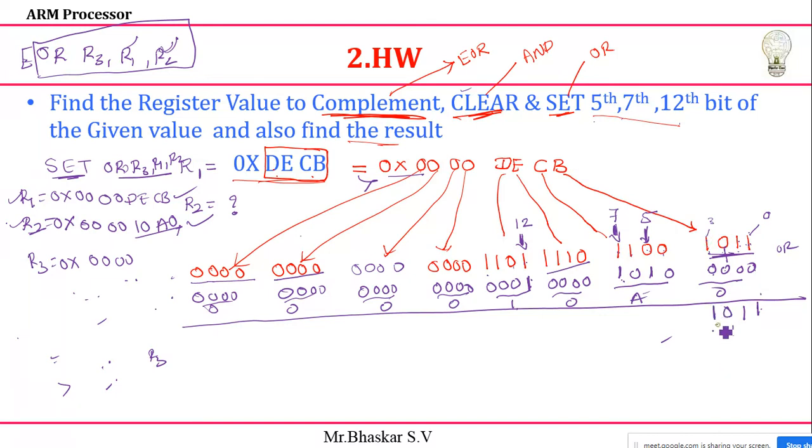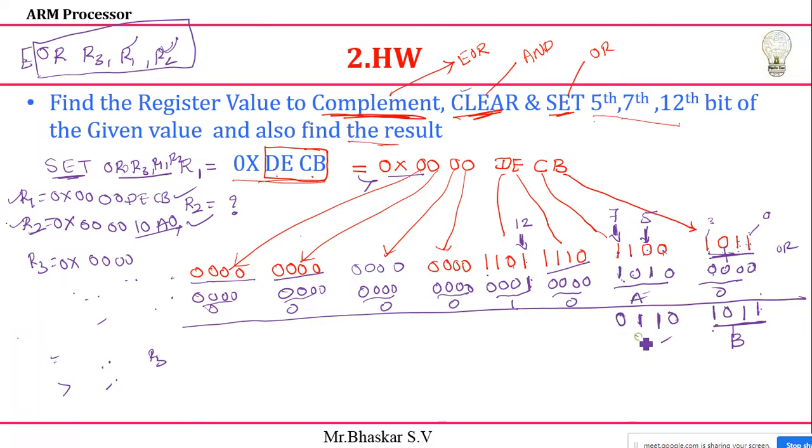What is 1011? It is B. I'll get the same value. Next, come to this case. This is the value you are XORing with this value: 1100. 0 XOR with 0, I'll get 0. 0 with 1, 1. 1 with 0, 1. Now this case, 1 with 1, I'll get 0.